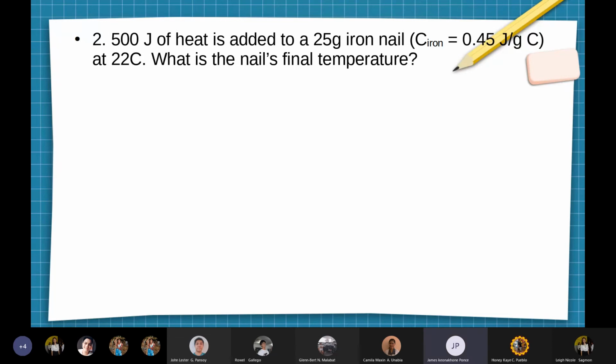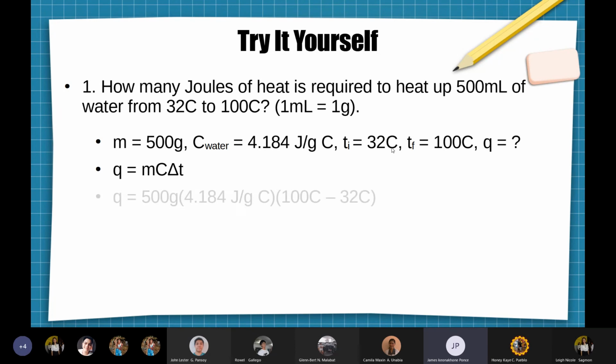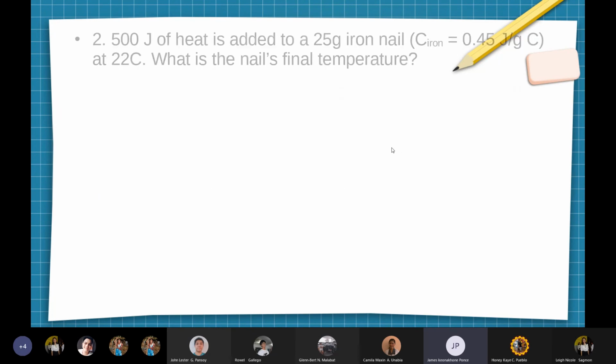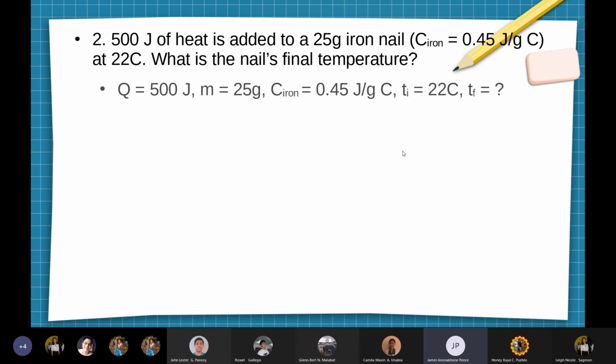Okay, the 5 minutes are up. Seems no one has posted any answer, so let's try to solve this together. So once again, write down the given, which is Q is equal to 500 joules this time because heat is added, so it's a positive.